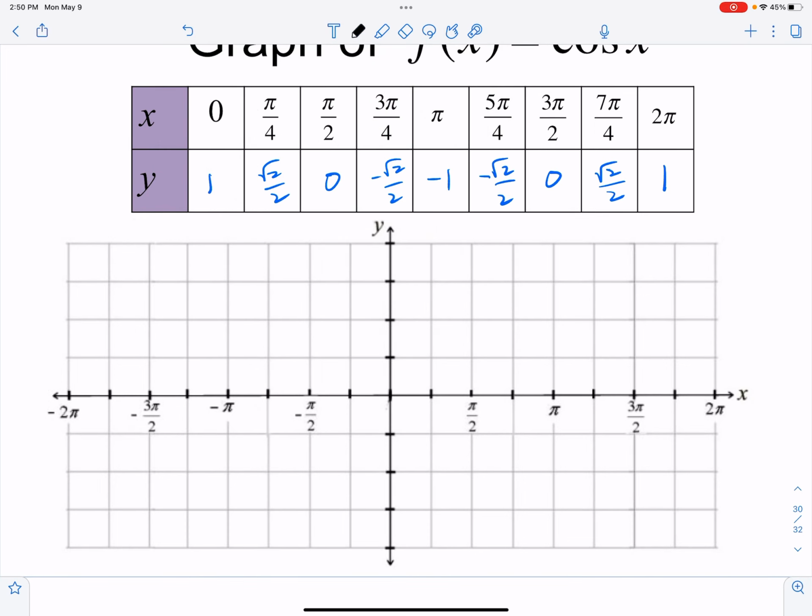So again, labeling my y-axis. Okay. Again, root 2 over 2 is approximately 0.707. So we're starting up at 1 and then coming down, passing through the x-axis, going to the lowest point down at -1, and then we come back up.